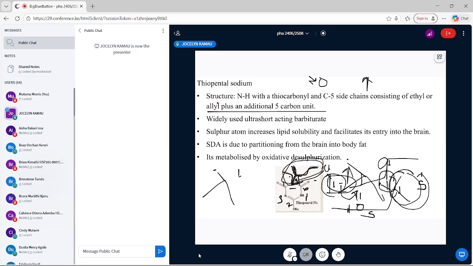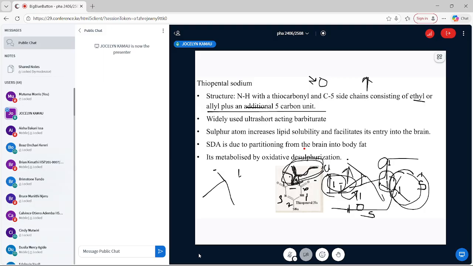The other group has another 5 carbon atoms. So you have this 1, 2, 3, 4, 5 carbon atoms plus that group there, which has 2 carbon atoms. Again, we will see that that can differ in other compounds. It's widely used as an ultra short acting barbiturate.